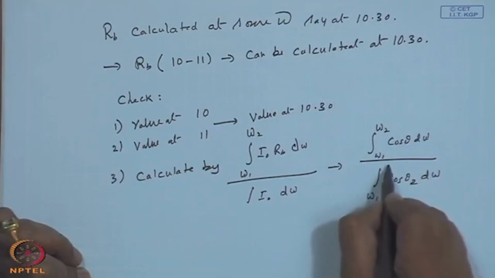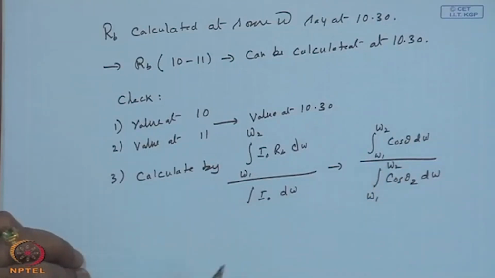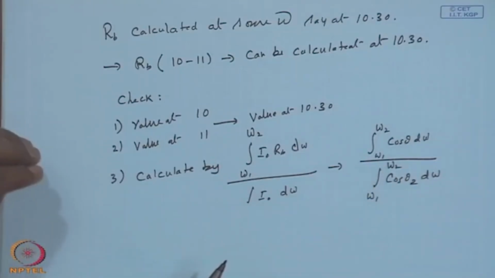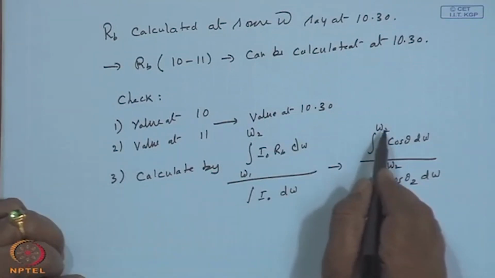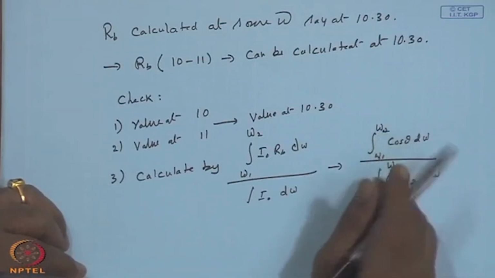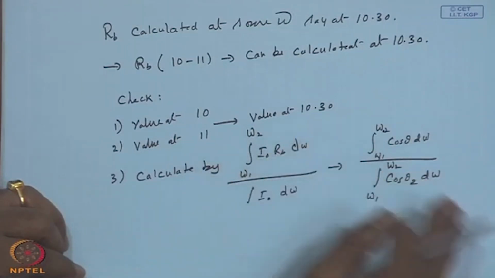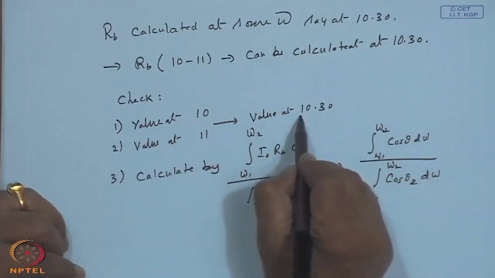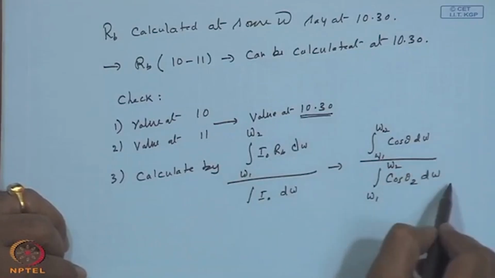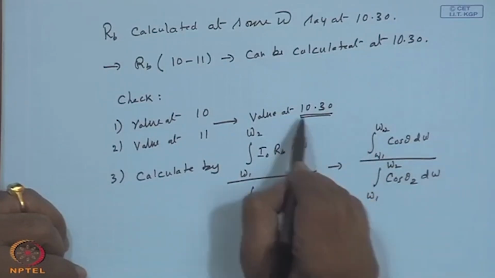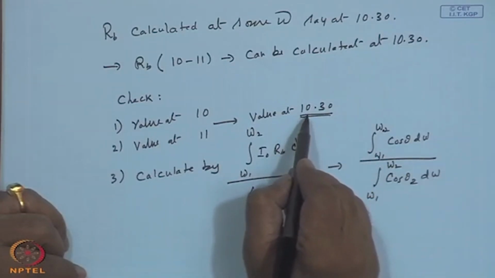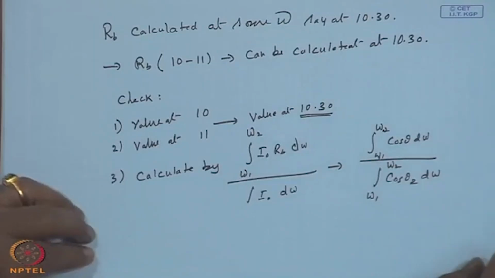Like for a day, if I do it for an hour in the interval omega 1 to omega 2, I will get the weighted averaged RB factor, and we would like to compare the difference between this weighted average and the value at the midpoint of the hour.